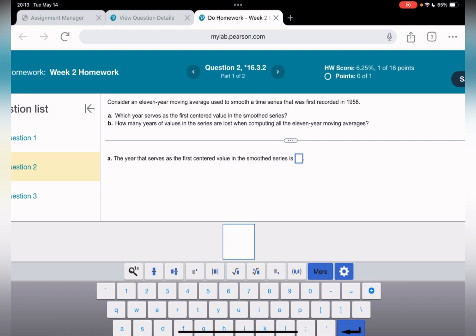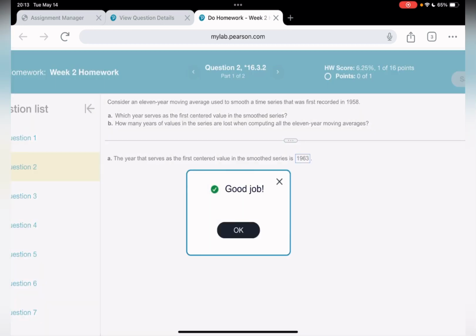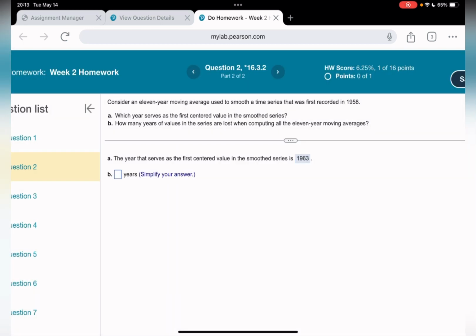But if you start counting 58, 59, 60, 61, 62, 63, so it's going to be 1963. Good job. This is how we're going to calculate.